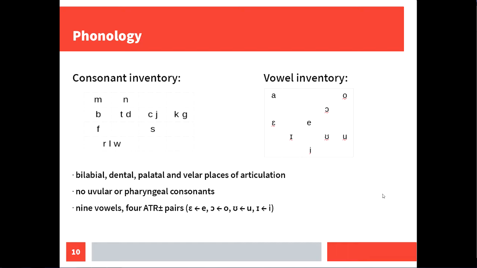This means that dependent morphemes and articles attached to, say, a noun or a verb change their nuclear vowels to correspond with the vowel of the root. So if a root has advanced tongue root vowels, then all the vowels appended to that root also change their vowels.